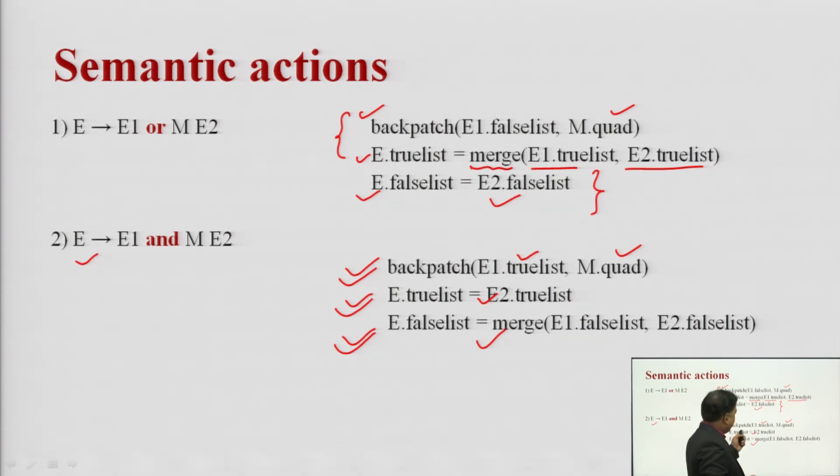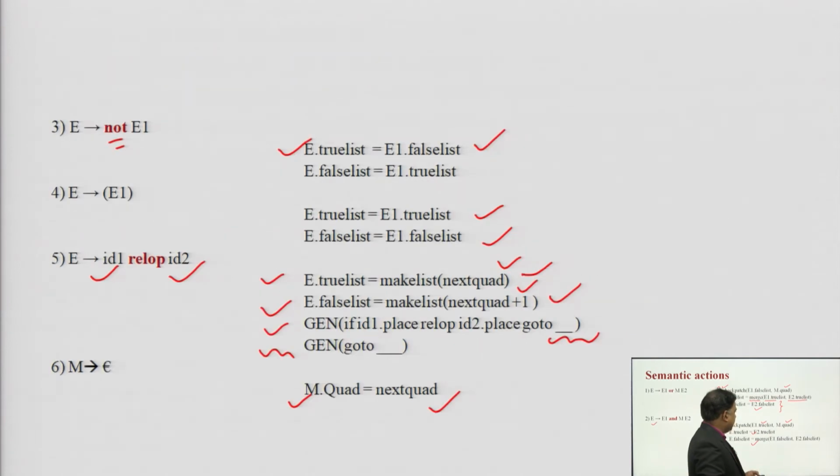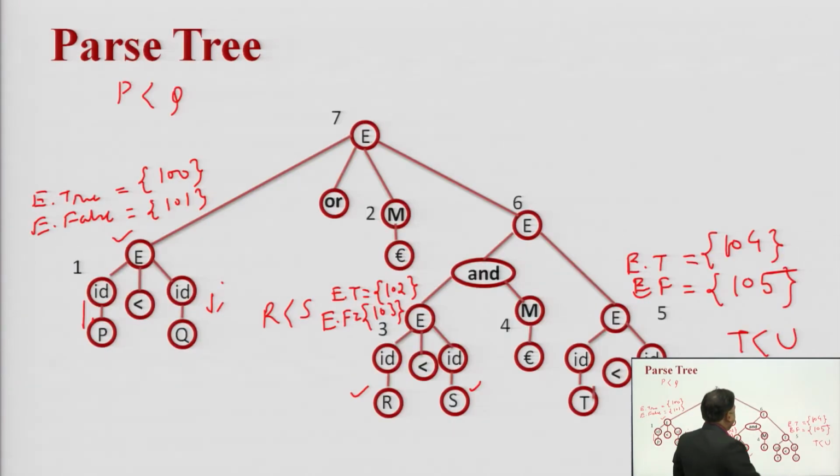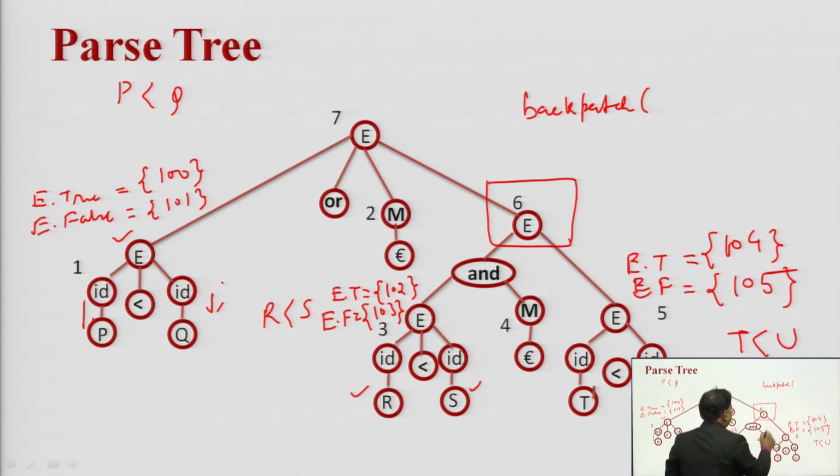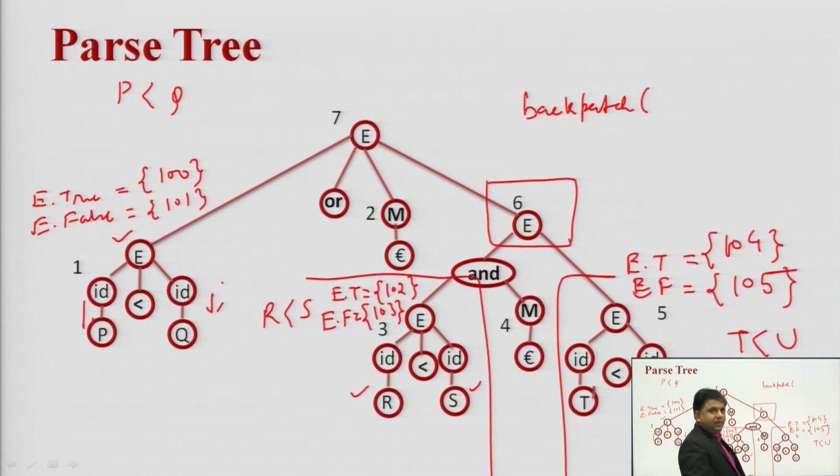Let us understand backpatch(E1 dot true list, M dot quad). What is the E1 for this E? E1 is this side and E2 is this side. What is the true list of E1? That is 102, comma M dot quad. M dot quad is still incomplete.